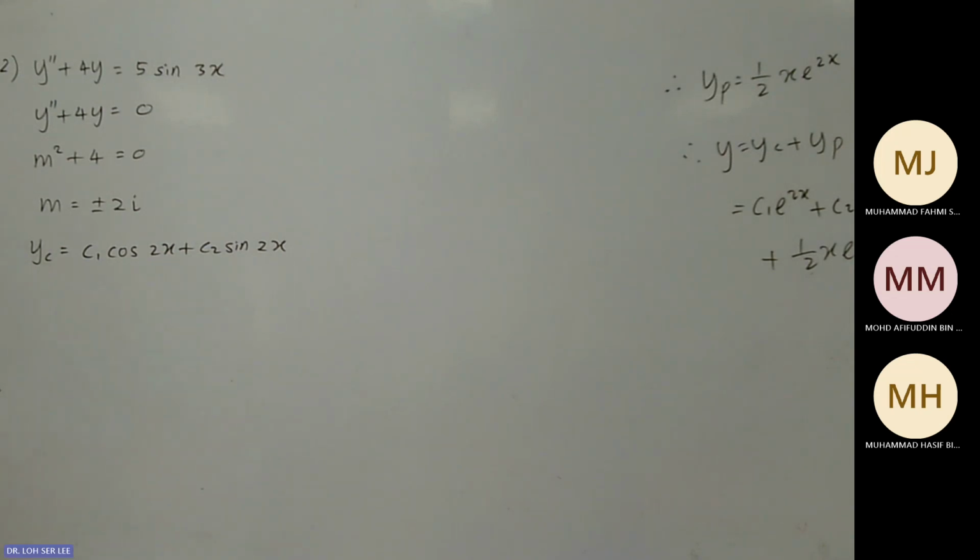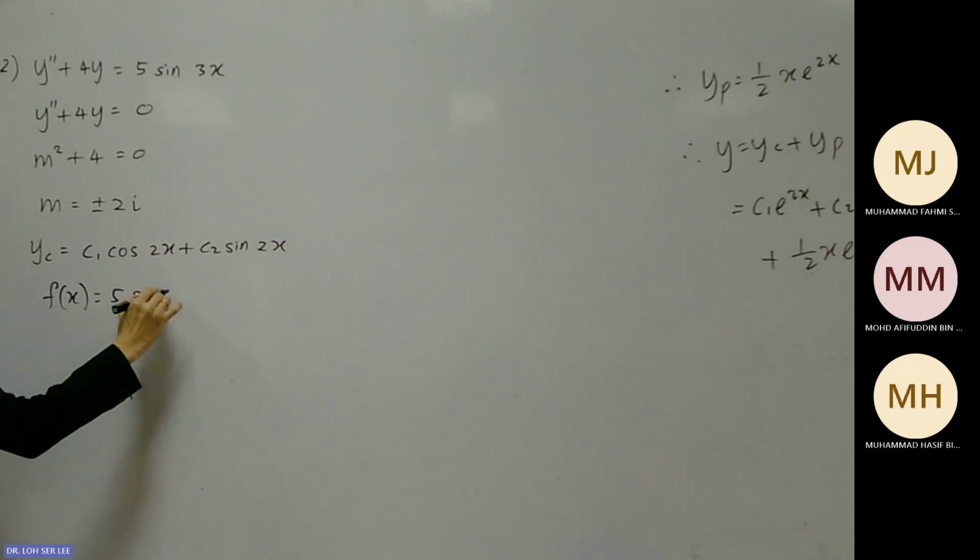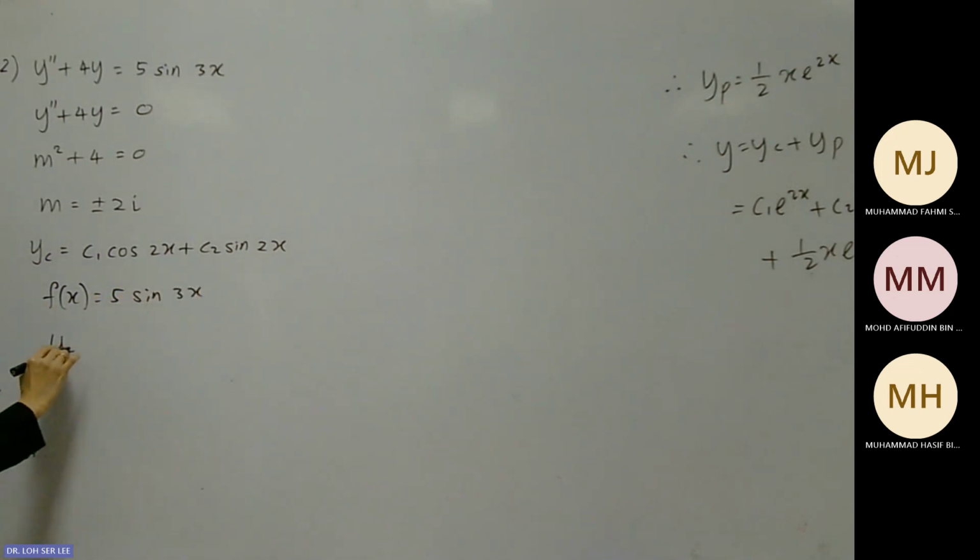Okay, next, your f(x) is 5 sin 3x. What is your y trial? What is the general form of this function? It comes in a pair.